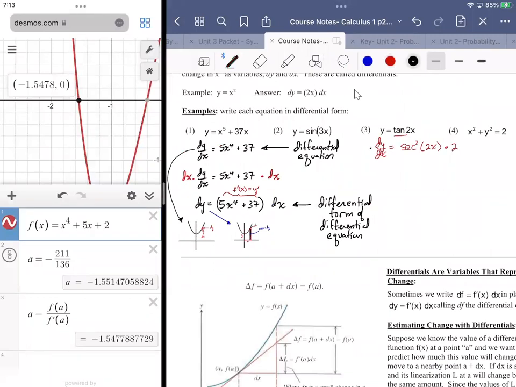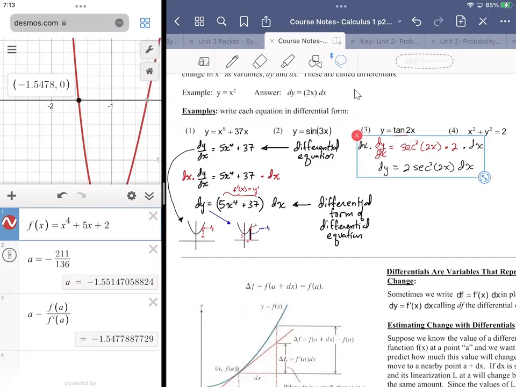And so if I multiply both sides by dx, I get dy is equal to 2 secant squared 2x dx. That's all this stuff is asking us to do.